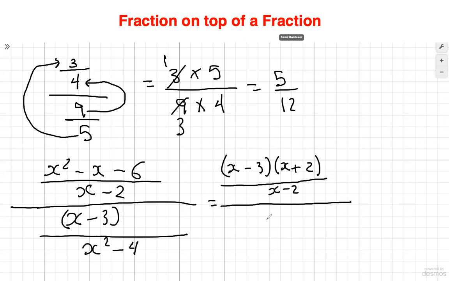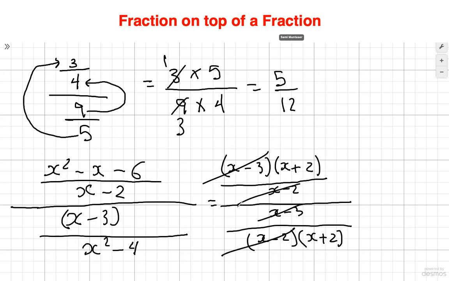Now you're dividing by x minus 3 over x minus 2, x plus 2. Now, as I said, you could reduce the top of the top fraction by the top of the bottom fraction, so x minus 3 cancels. Also, something on the bottom of the top fraction could be reduced with the bottom of the bottom fraction. You could still do that as well, and you get this.